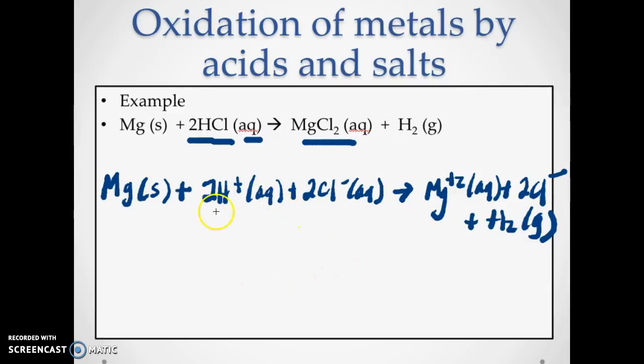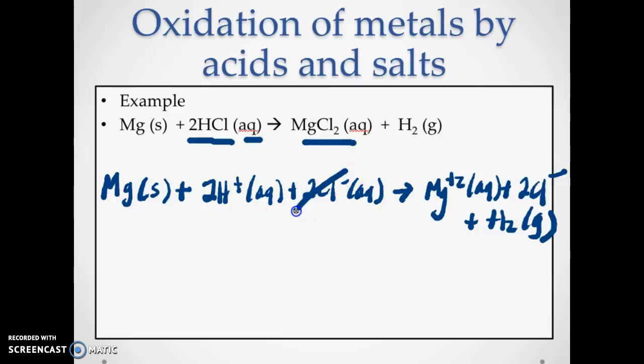So now we're gonna eliminate the ones that are spectators, the ones that are equal on both sides, meaning that they don't react. And magnesium here is in a solid form, here it's in its ion form, so do not eliminate those. They're different. Even though they're the same element, one is a solid and one is an ion. They're very different, so you don't cancel those. 2H and H2, different, very different.